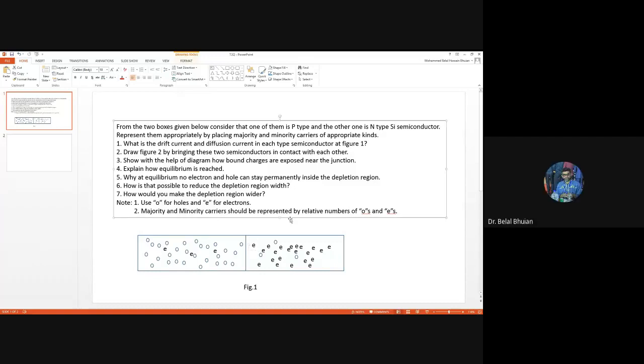Question 3: show with the help of a diagram how bound charges are exposed near the junction.